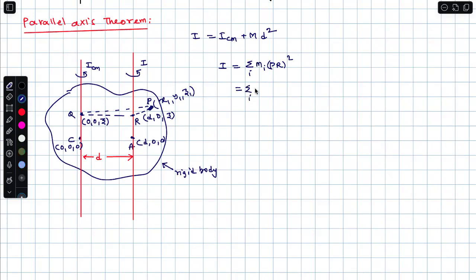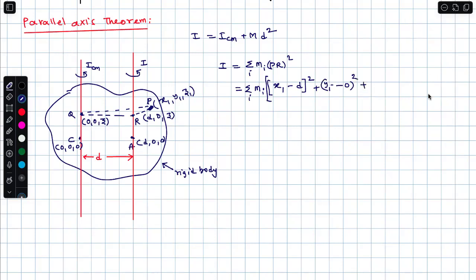This is nothing but sigma m_i PR square. The x coordinate is x_i minus d distance. Next, y_i minus 0.